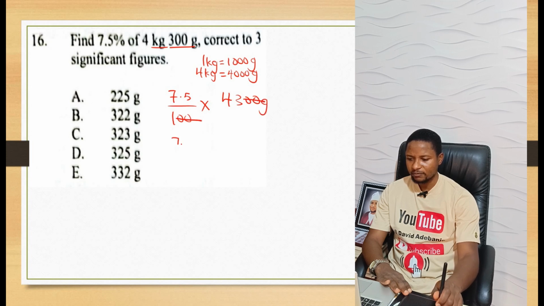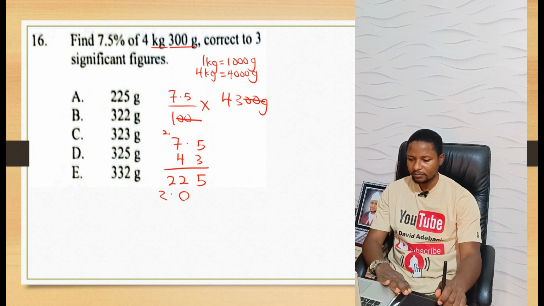So you have 7.5 times 43. 3 times 5, you have 15, carry 1. 3 times 7, 21 plus 1, 22. 4 times 5, that's 20. 0, carry 2. And 4 times 7, that's 28, plus 2, that's 30.